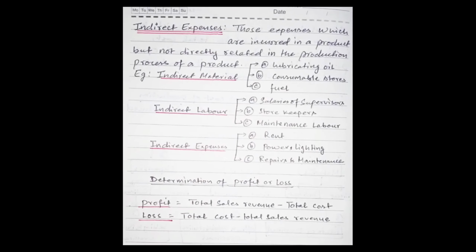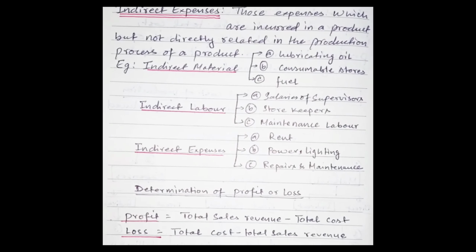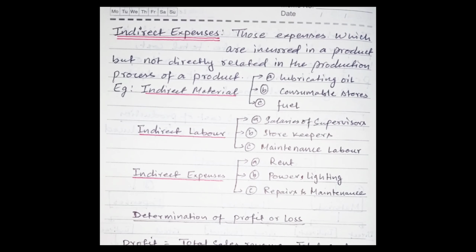Likewise, indirect expenses are those expenses which are incurred on a product but are not directly related to the production process of a product. They are those expenses which are incurred after production of a product.